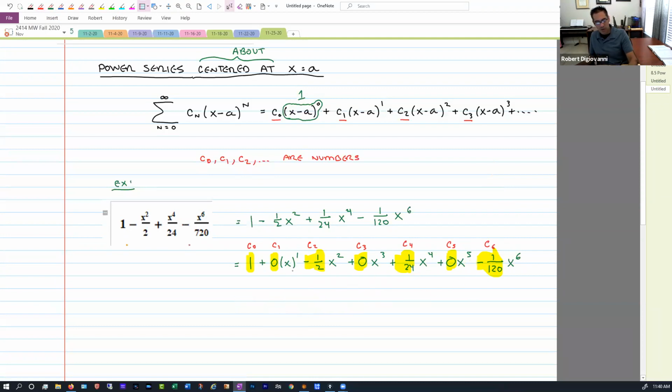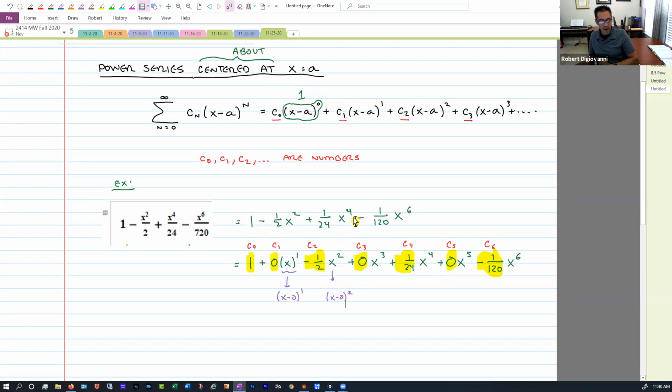And do y'all realize that these x's in here, this is really like x minus 0 to the first power. And this right here is really like x minus 0 to the second power, then x minus 0 to the third power, x minus 0 to the fourth. So this would be a power series centered where?